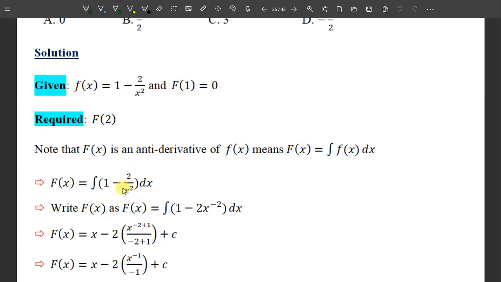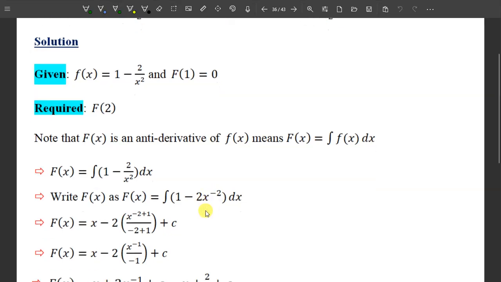To integrate this one, we have to rewrite 2 over x squared as minus 2 times x to the power of minus 2, as a power function, multiplied by dx.